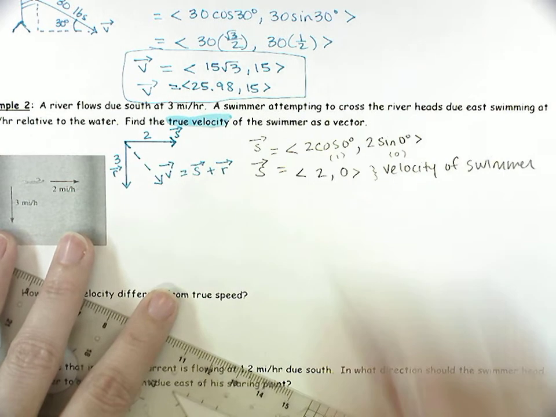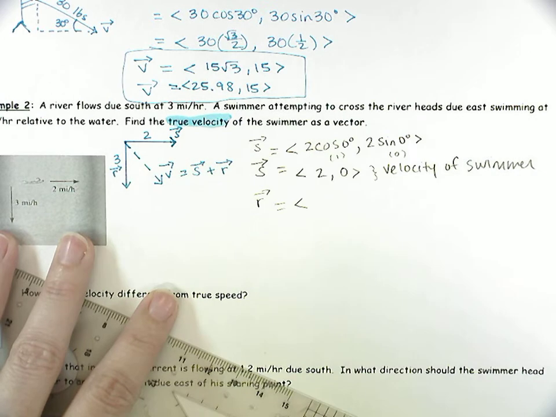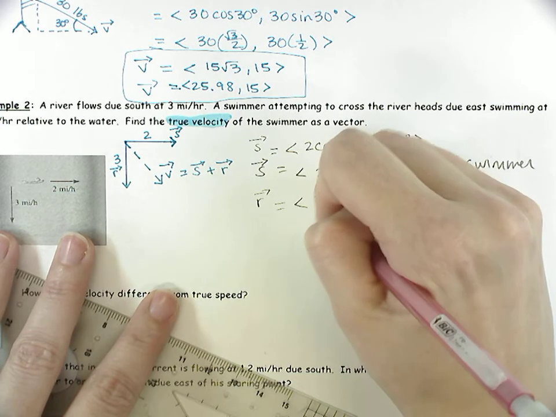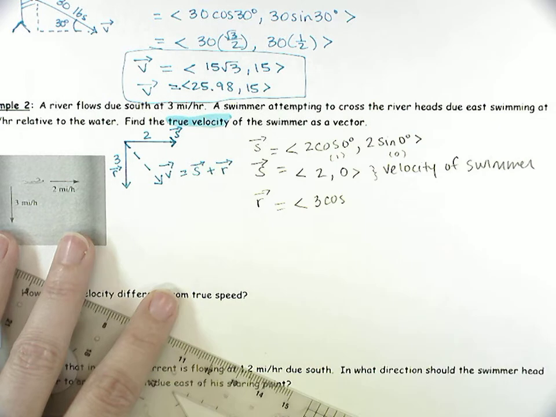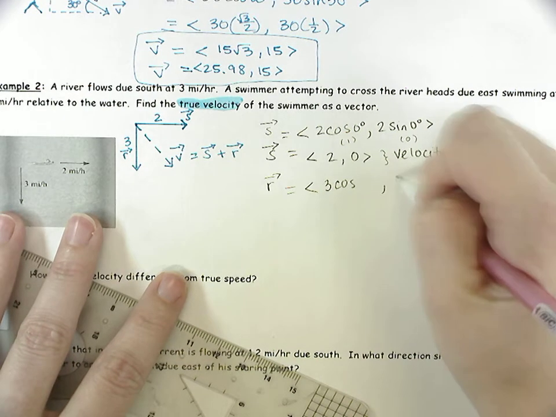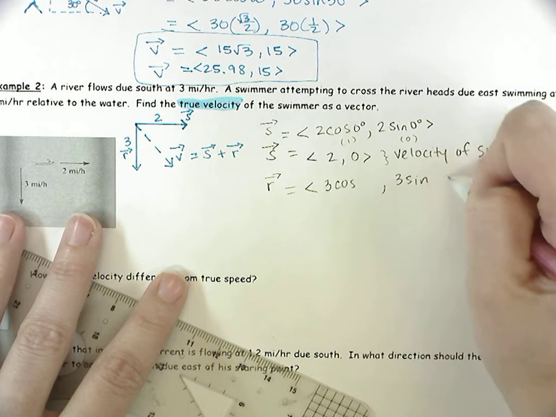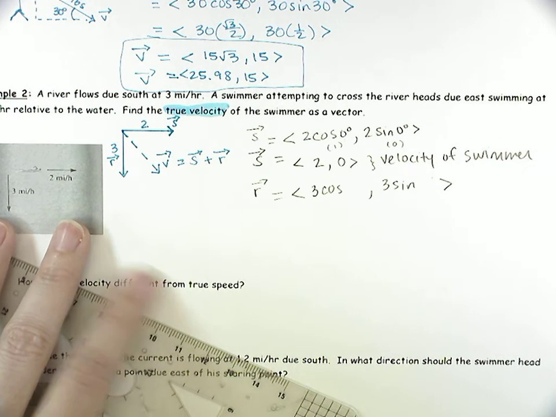Now we're going to do the same thing for the river. The river is flowing at 3 miles an hour. Luke B, do you think you can tell me what the angle would be for this? Okay, well, I'm going over it right now, so still pay attention to me, even if you did it a different way.